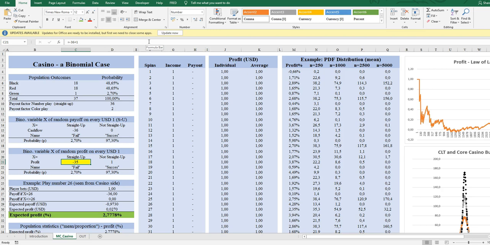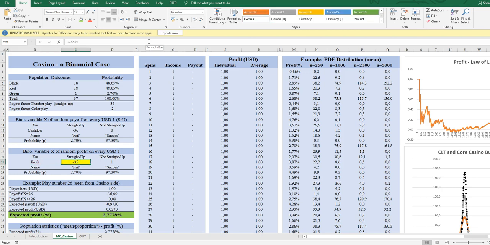So he puts down $1 on a particular number, and if it's a success for the player, a fail for the casino, then the casino has to pay out 35 additional dollars.